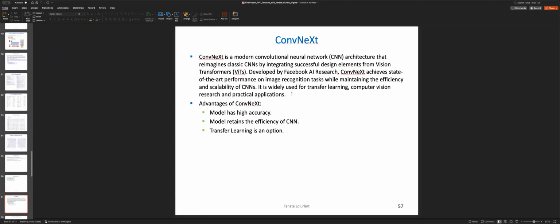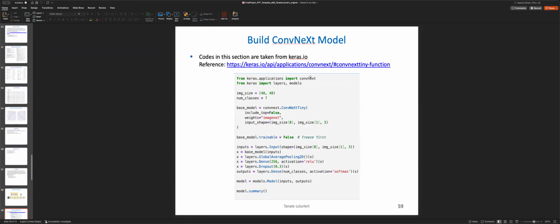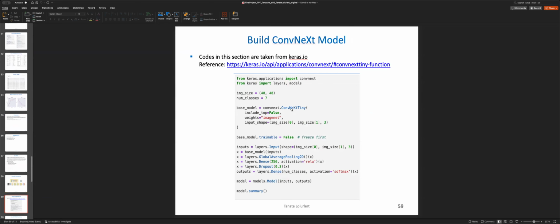Next is ConvNeXt. ConvNeXt is a CNN architecture, but it uses the design from the Vision Transformer. This is the architecture. This is how I build it. I use ConvNeXt Tiny with pre-trained ImageNet weights.